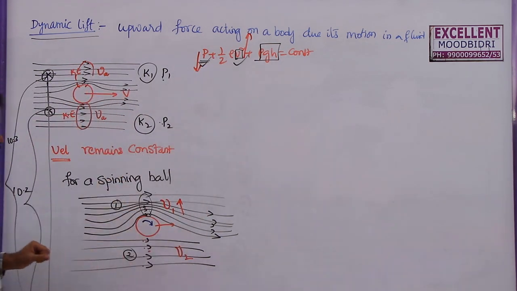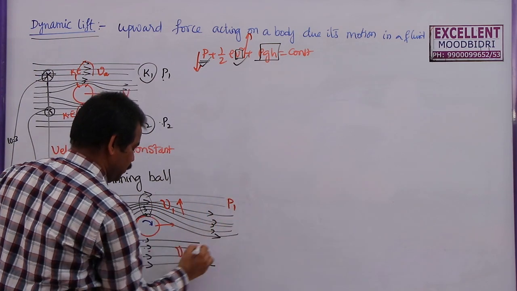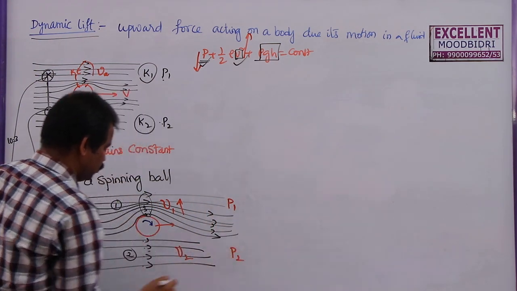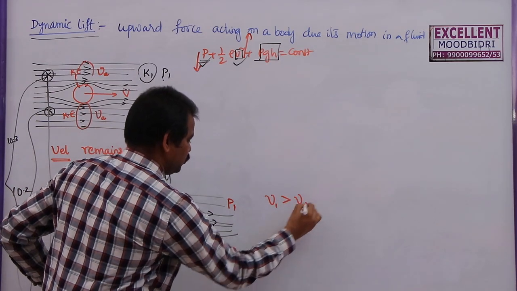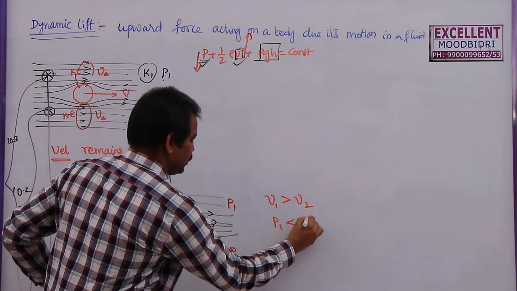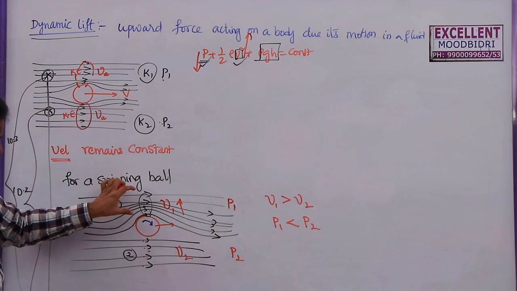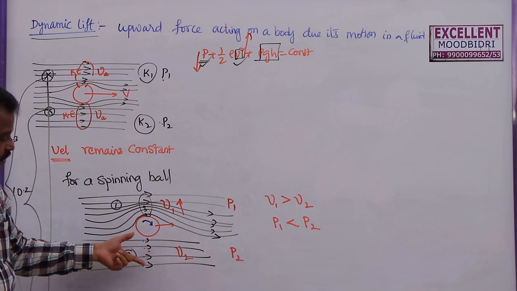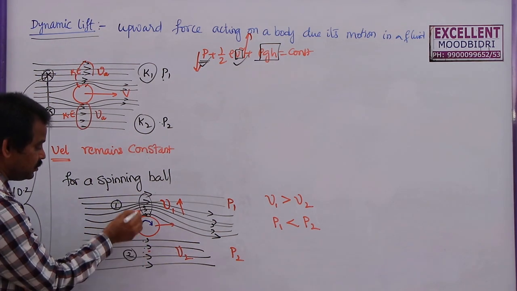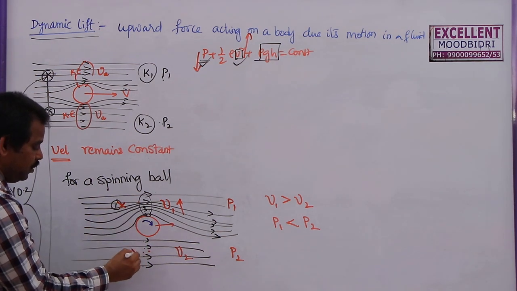So due to this, what happens? The pressure energy here is P1, the pressure energy here is P2. So out of these two, what can we write? V1 greater than V2 and P1 less than P2. As the air velocity is more above the ball, pressure energy will be less, and here pressure energy will be more. So there is a pressure difference between point 1 and point 2.